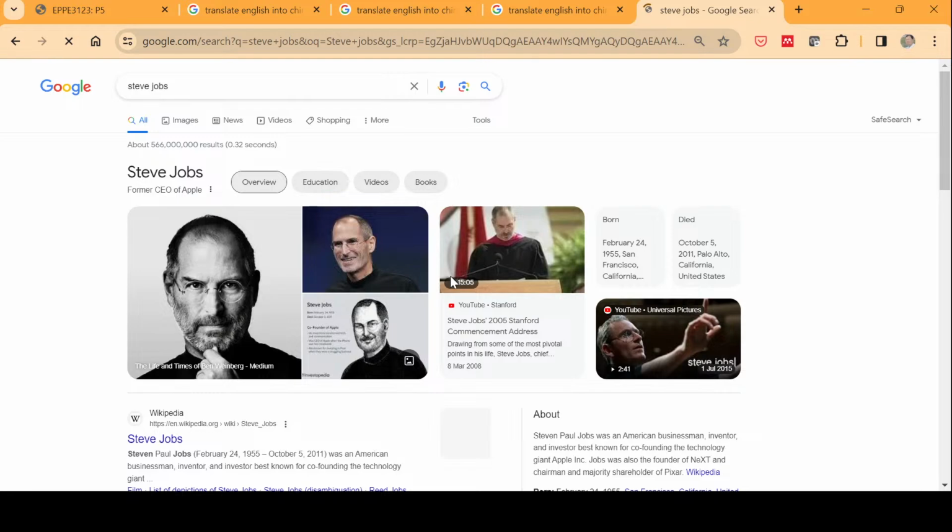When he passed away, all the tacit knowledge went together with him into the grave. That's what we call tacit knowledge inside the head of that somebody.